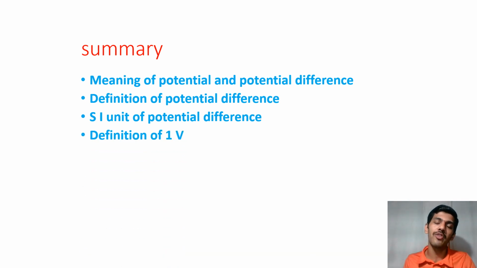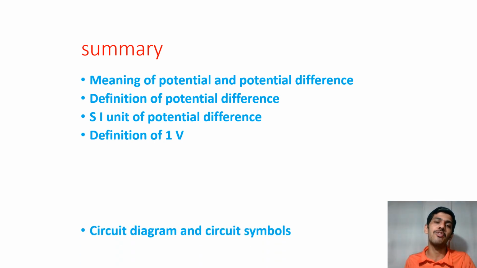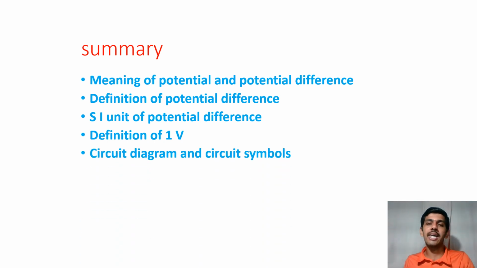A very important question for the exam is the definition of 1 volt. Then circuit diagrams and circuit symbols. Out of the many circuit symbols we have discussed, one or two or three symbols will be asked in the exam for sure. It is a 100% question, circuit diagrams and circuit symbols.